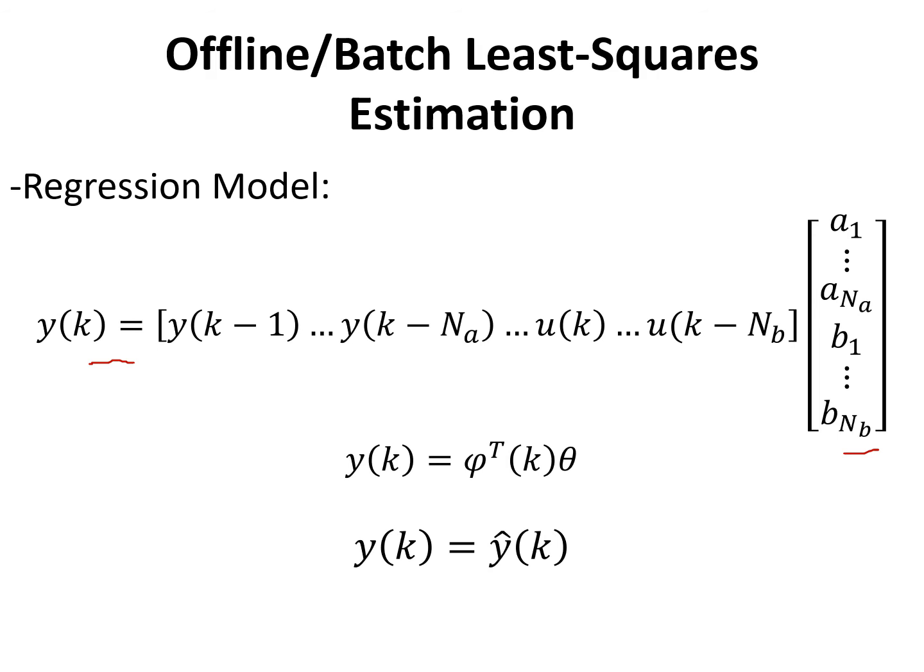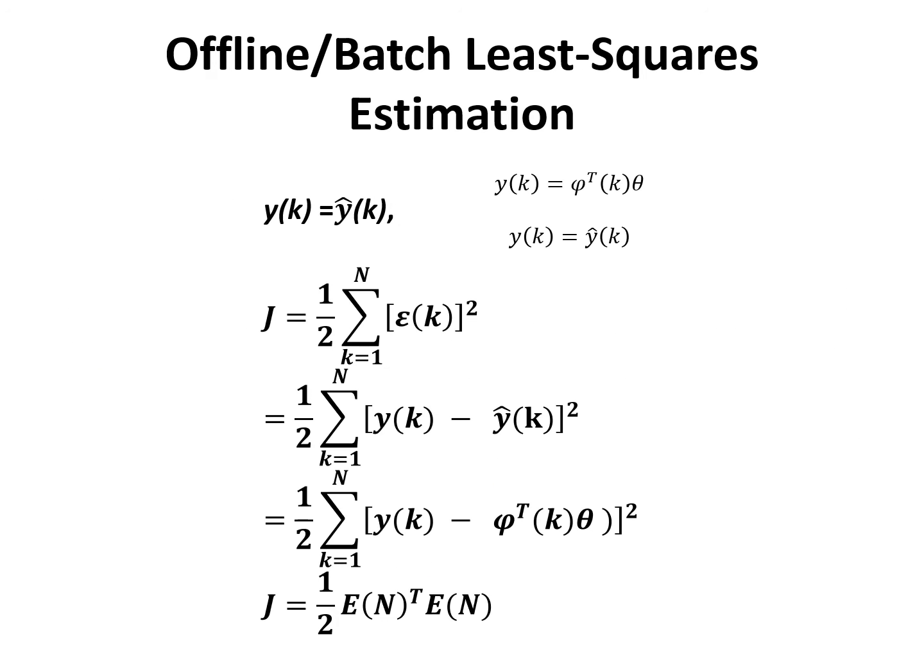So we get Yk equal to phi transpose k theta, where here is the phi transpose k, and here is the matrix for theta, where Yk equal to Y hat k.